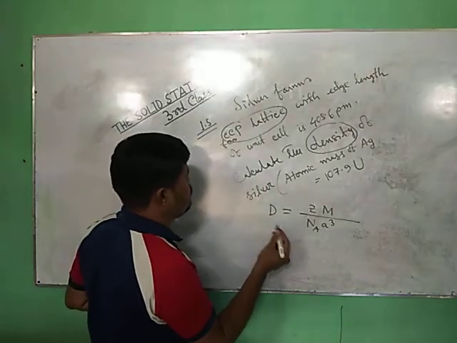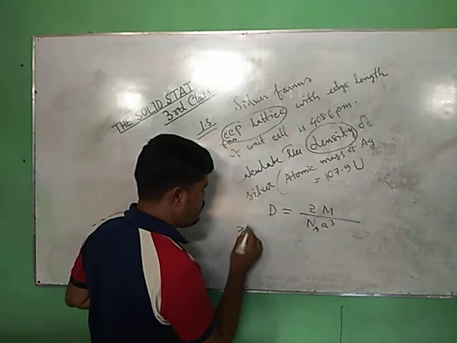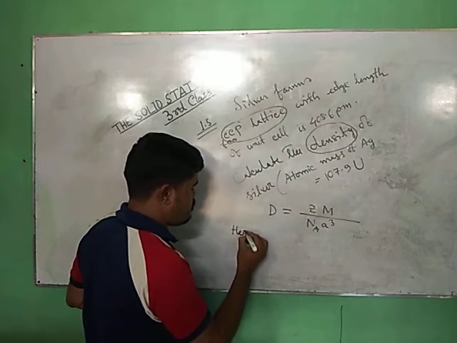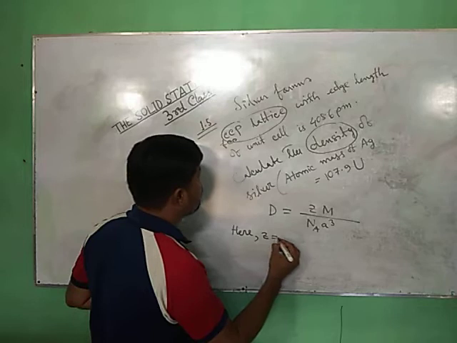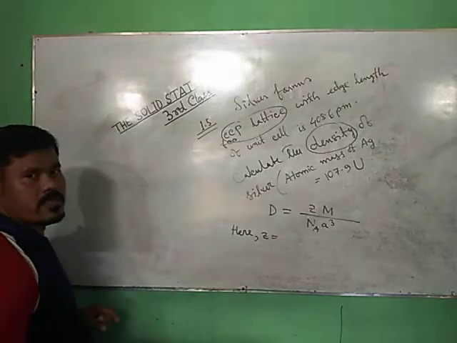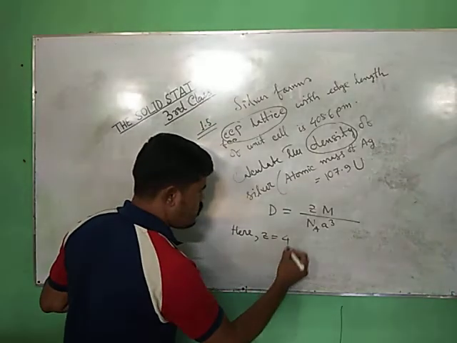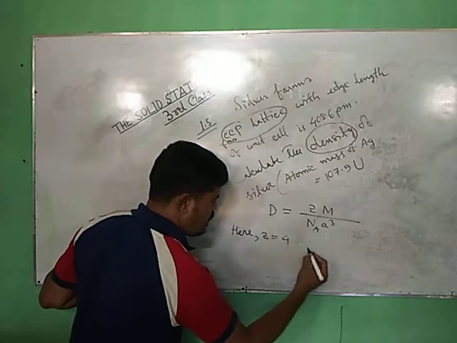In case of CCP, Z is equal to the total number of particles per unit cell of the FCC unit cell, which is 4.